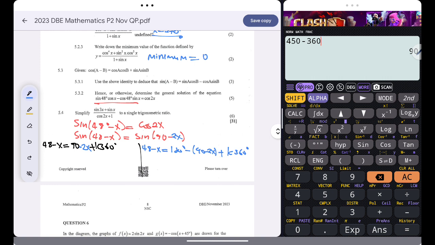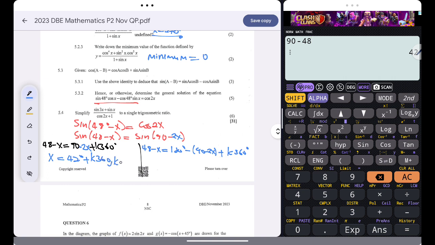Whenever I take the x's on one side, I want to bring the x's to the left hand side. I already have a negative x, and when the negative 2x jumps the equal sign it becomes positive, so I would have positive x is equal to 90 minus 48. That's 42 degrees plus k 360, where k is an element of integers.